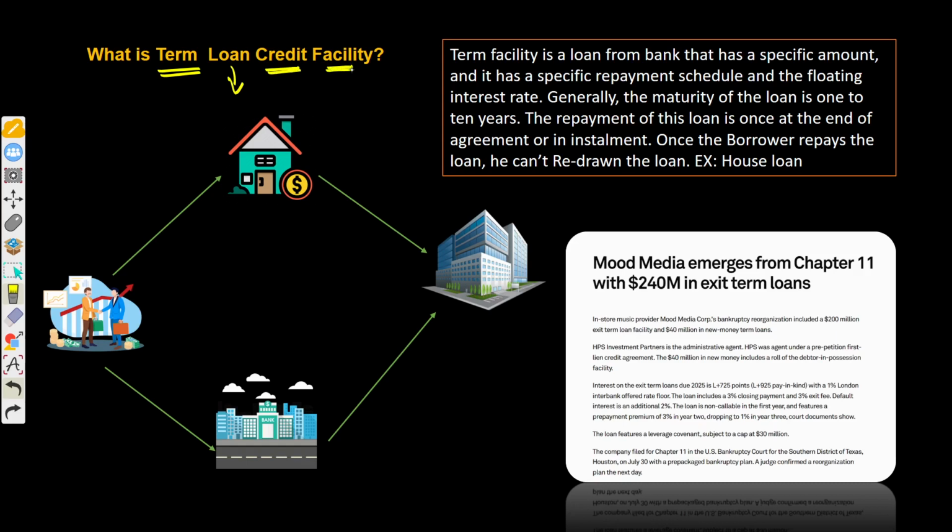Facility means you can say a limit, or you can say someone is assuring you that if you need any fund, you can reach out to us. Let's say, for example, you have decided to establish a business, or to install something or to purchase something, but you're looking for funds. If your relatives commit that you can purchase anything, and if you need funding of up to 1 lakh rupees, then you can come to us and we'll give it to you.